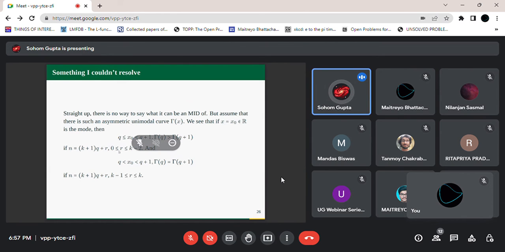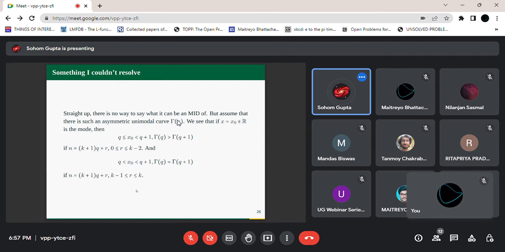So for all these, gamma of q would be greater than gamma of q plus 1. If there are two different integers and the mode is in between, the left value would always be greater than the right value. So this would be more sloping in this direction and higher in this direction.